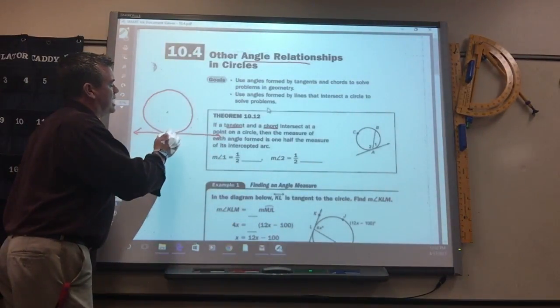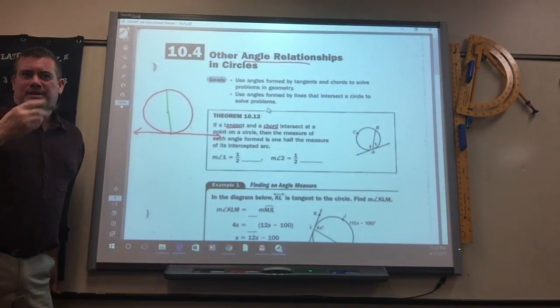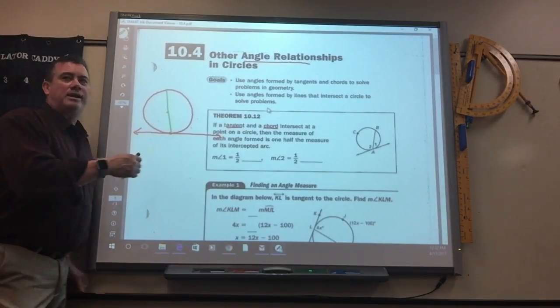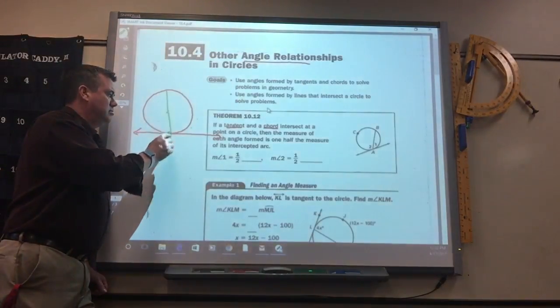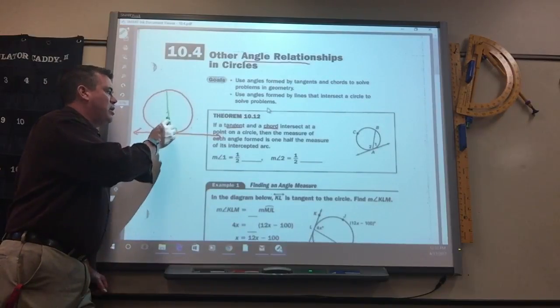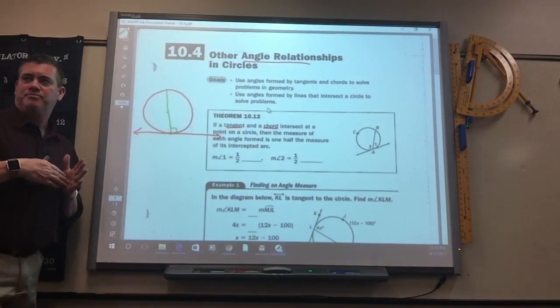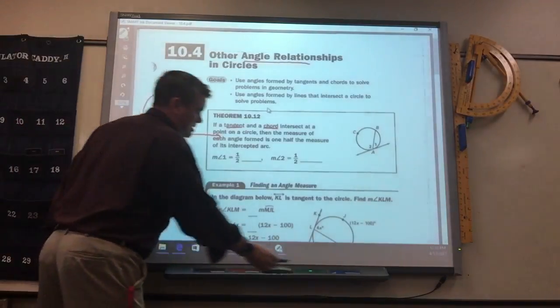If I drew the chord as a diameter, right? Because a chord can be a diameter. What's the angle that's formed? 90. Yep. A tangent and a radius are always perpendicular. So this angle formed is 90.